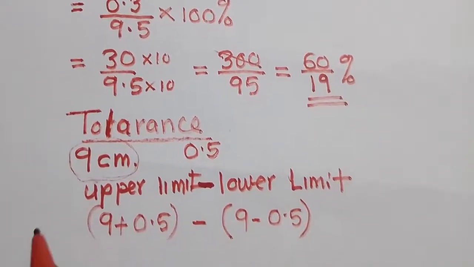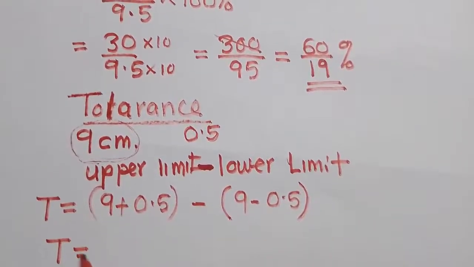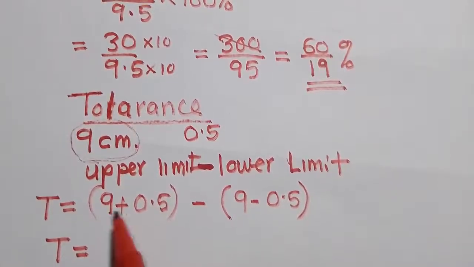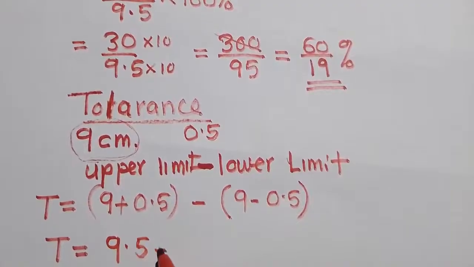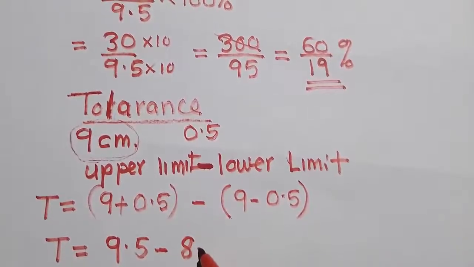So we are calculating what? The tolerance, like this. So now I'm going to say that tolerance is equal to what? Tolerance is equal to, what is 9 plus 0.5? It is 9.5 minus, here I'm going to get 8.5.